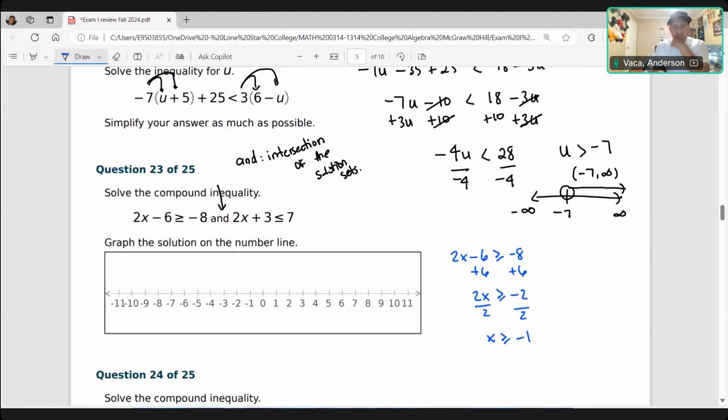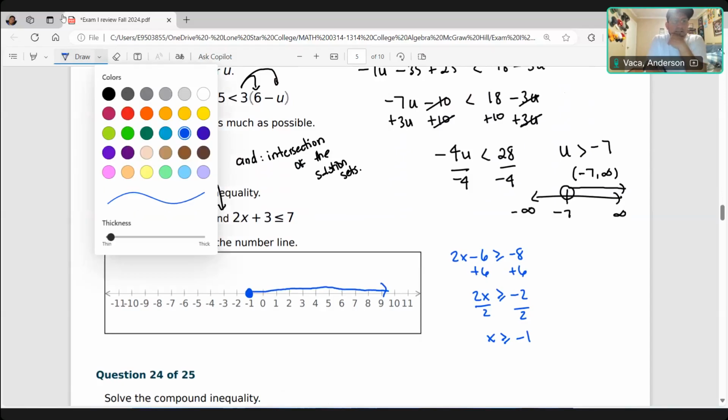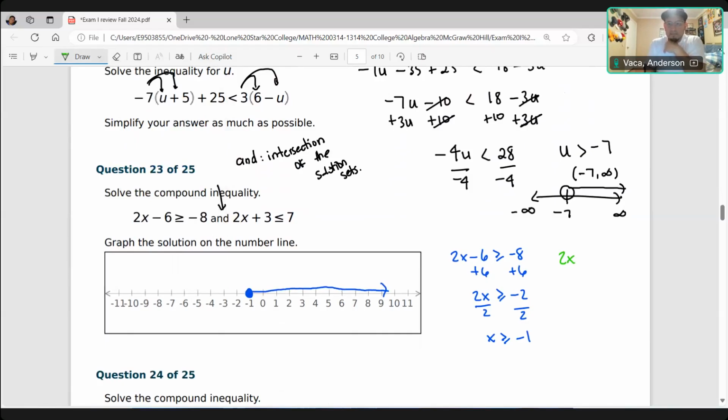What does that look like? It's going to be a filled-in circle with everything towards the right. Okay, keep it steady. Let me choose now a different color. Let's use this green to solve 2x plus 3 is less than or equal to 7. So let's go through the motions.